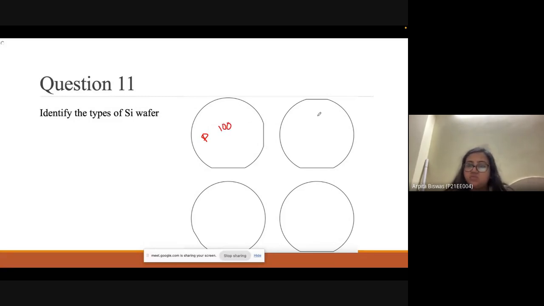So now tell about the two, three, and four. And yes, this is the right answer. This is P type 100. So can you please explain how you identify it, and what about the two, three, and four?